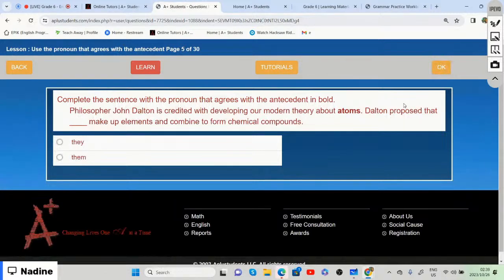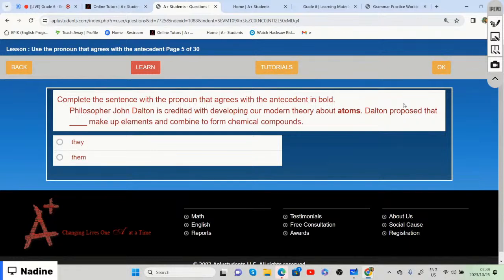Philosopher John Dalton is credited with developing our modern theory about atoms. Dalton proposed that they make up elements, or Dalton proposed that them make up elements and combine to form chemical compounds.